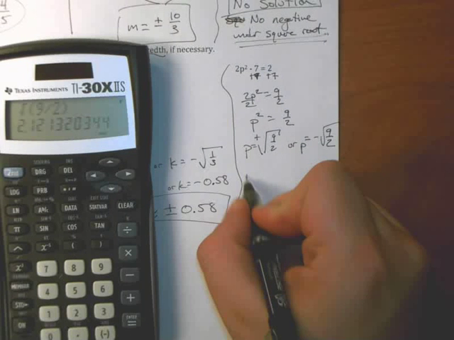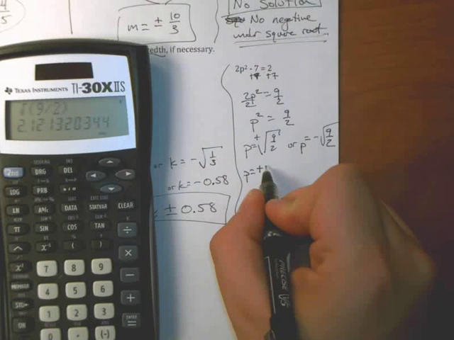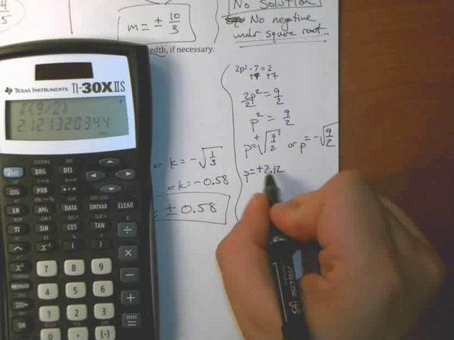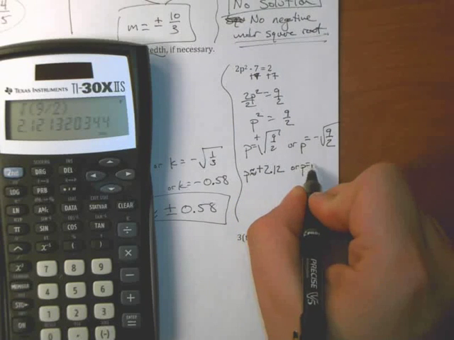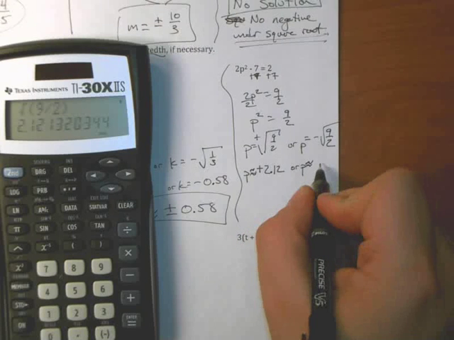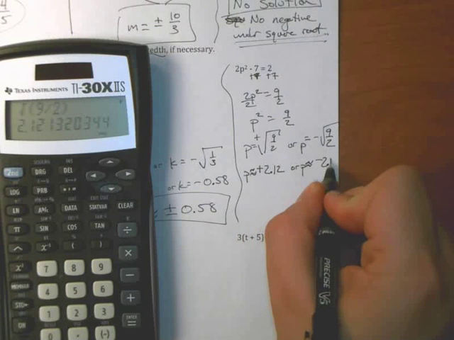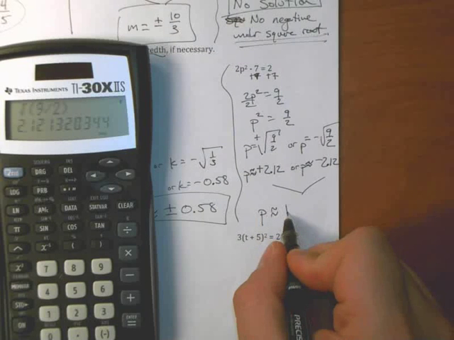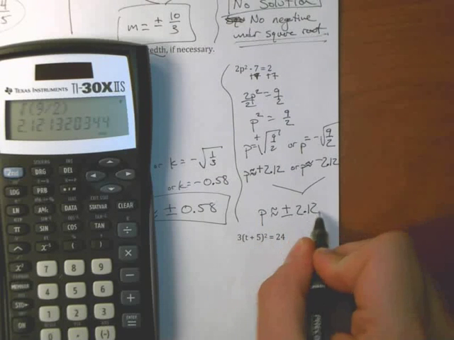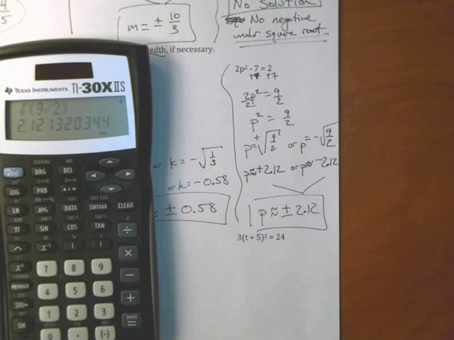Type square root of 9 divided by 2, close parenthesis, hit enter. P is approximately positive 2.12, or p is approximately negative 2.12. P is approximately equal to plus or minus 2.12.